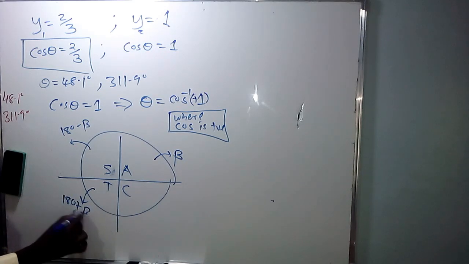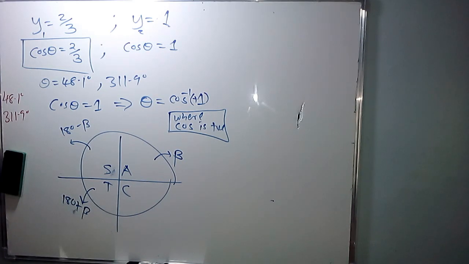Here is 90, and cos 90 is 0, while 1 is here, meaning that the angle is 0, isn't it? Good. So the cos inverse of 1 is 0.